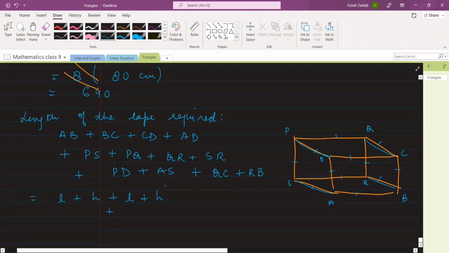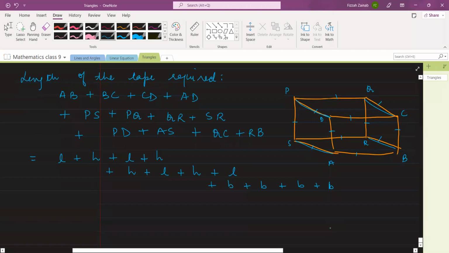Plus PS. PS is again height. PQ is L. QR is again height. And SR is again L plus. Now PD is B. AS is also B. And QC is also B. And RB is also B. Is that clear now? Yes, ma'am.